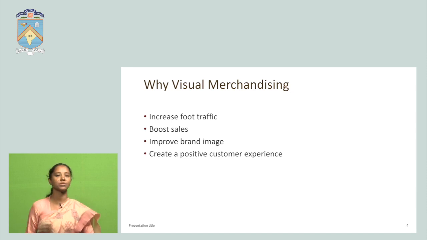Then only a customer can walk into our store. So, it is one of the most important things to increase the foot traffic of our retail store.